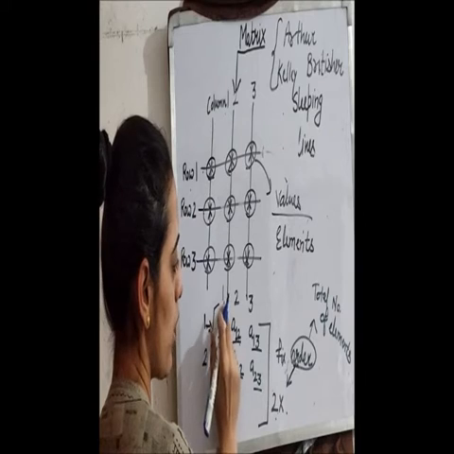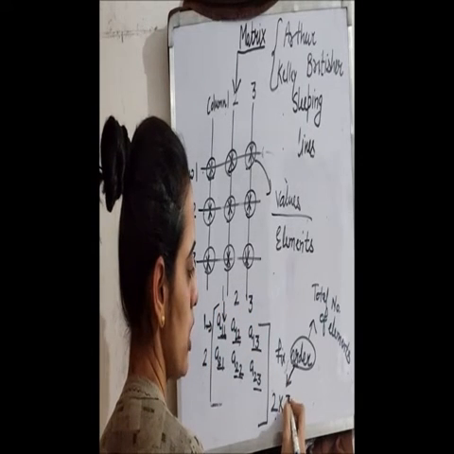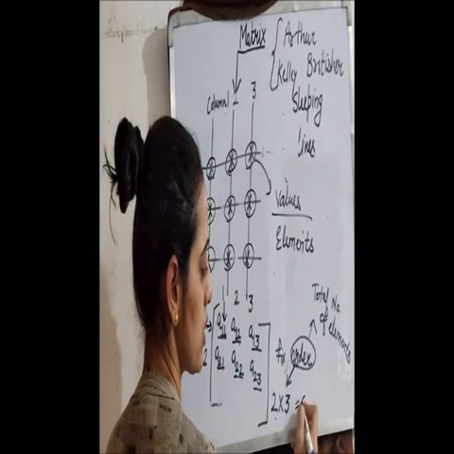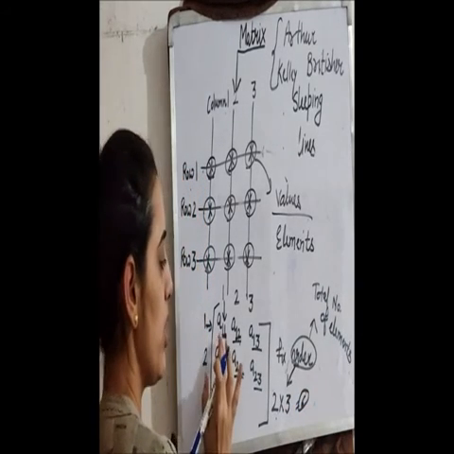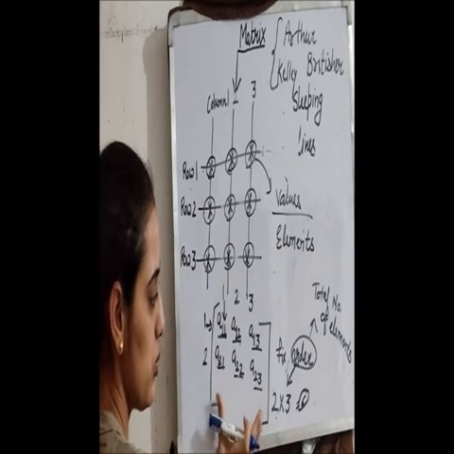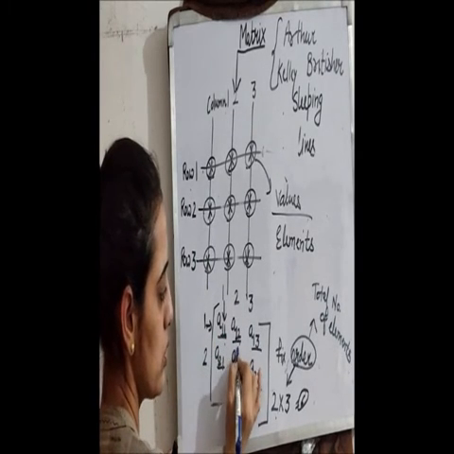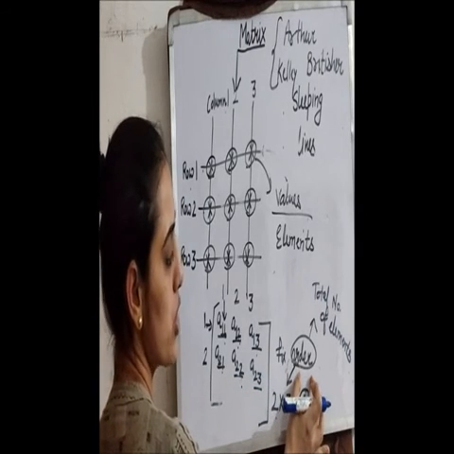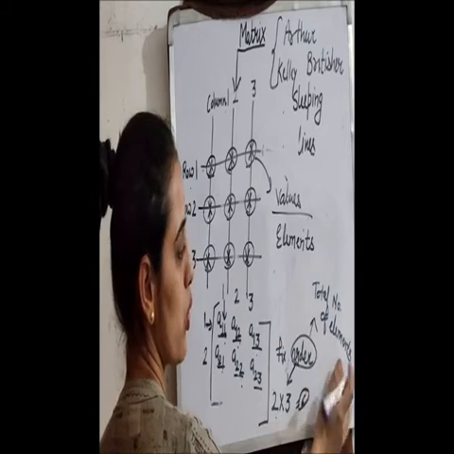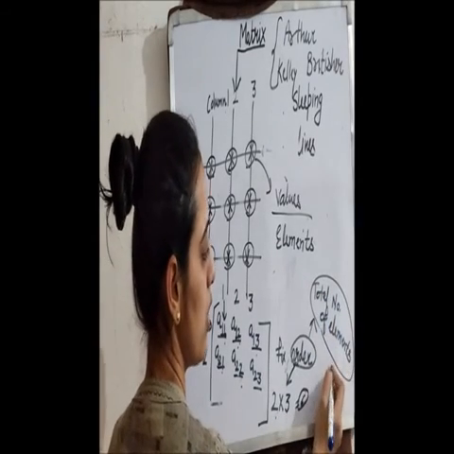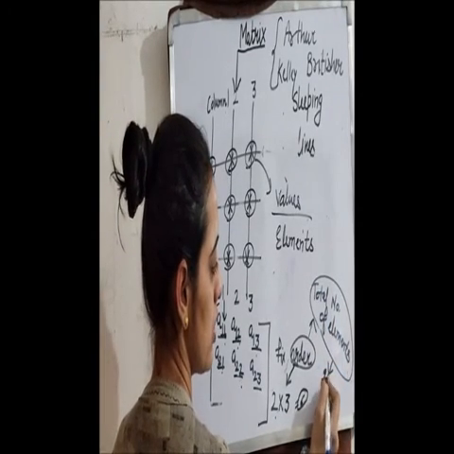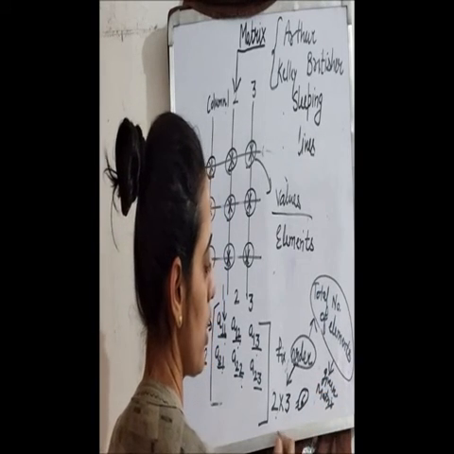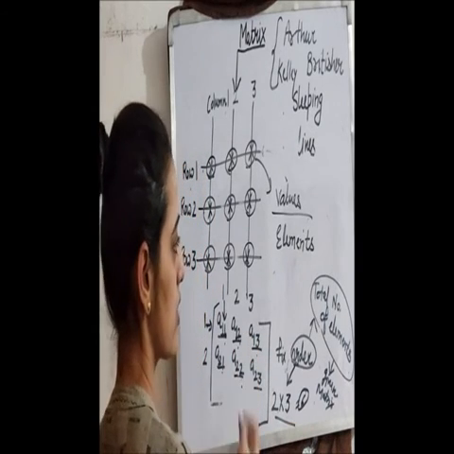So how many columns? 1, 2, 3. So 2 rows, 3 columns. When we multiply 2 with 3, we get 6. If you check how many elements are in this representation: 1, 2, 3, 4, 5, 6. So this is the function of order. Order will tell us the total number of elements in a given matrix. If order is 2 cross 3, then 6.